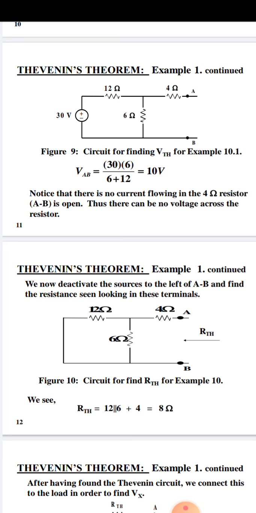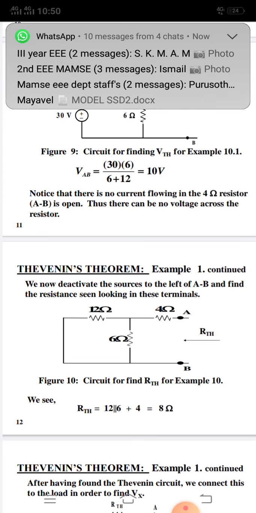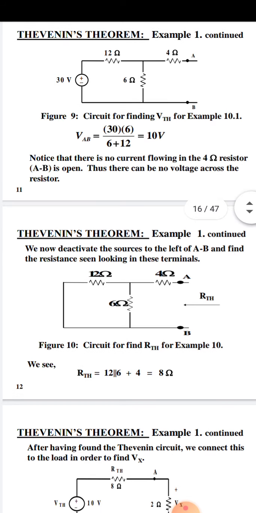In place of that 30 volt source, we put a short line from the 12 ohm resistor to the ground of the 6 ohm resistance. This is the RTH network for finding the Thevenin resistance value.